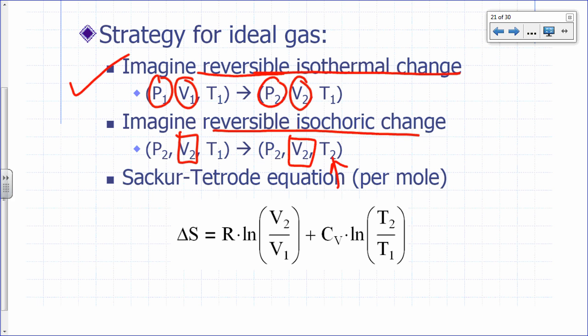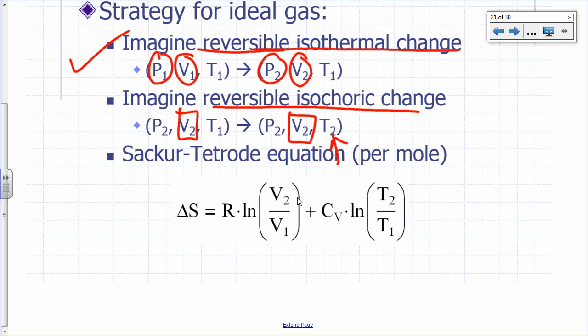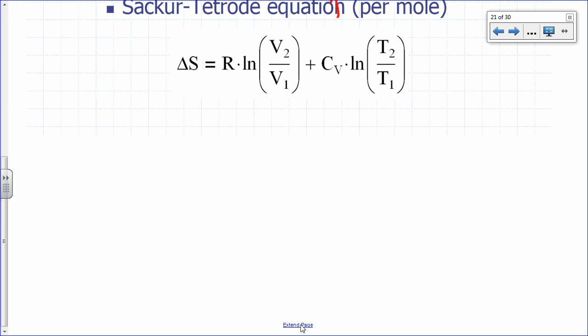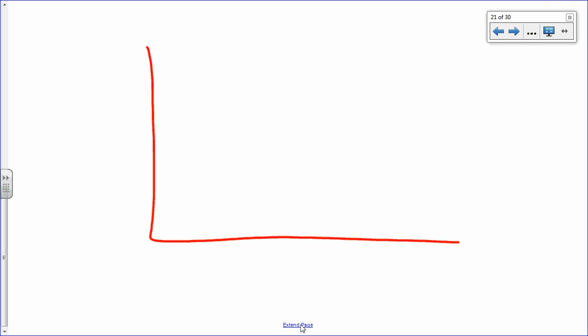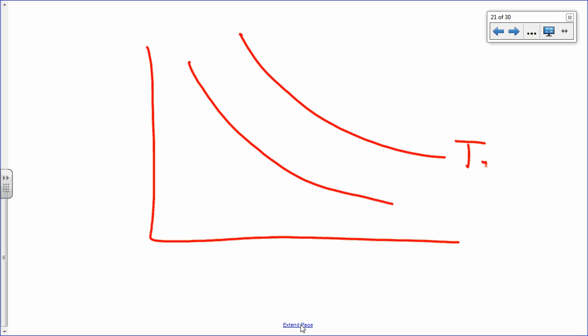Okay? So let's illustrate that. So here's an isotherm at T1 and T2. Here's my point number 1, and here's my point number 2. What did we say we do first? You want to change your volume to the final volume.